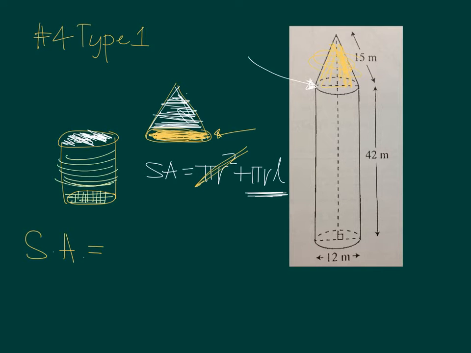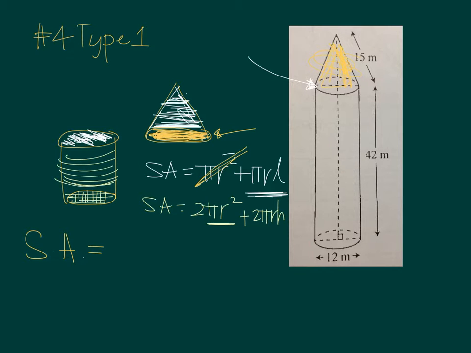Okay, so the surface area of a cylinder can be obtained by the formula 2 pi r squared, because we are getting the two circles, so pi r squared is the area of a circle times 2 because we have 2, then plus 2 pi rh.